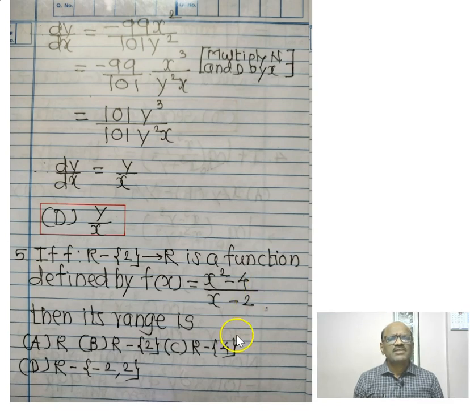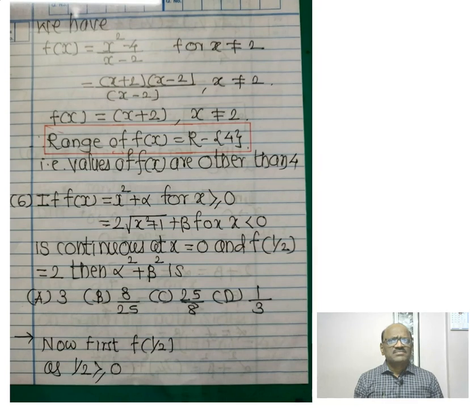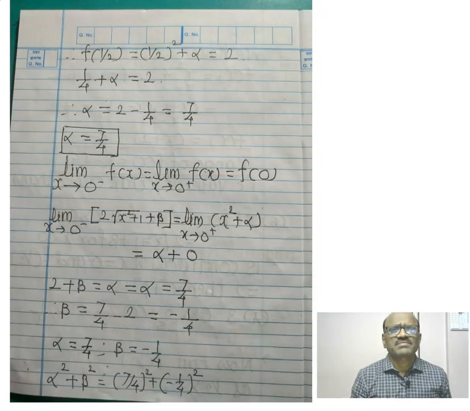The range will be the set of real numbers other than 4, because if you substitute the value from R minus 2, you will always get R minus 4. In this way, option C is the correct one.